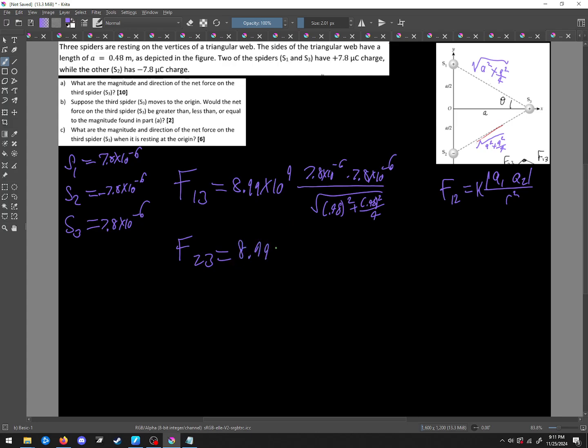And 8.99 times 10 to the 9th all over the square root of 0.48 squared plus 0.48 squared over 4, and this is going to be 7.8 times 10 to the negative 6 times 7.8 times 10 to the negative 6. It looks like these will be the same charge.